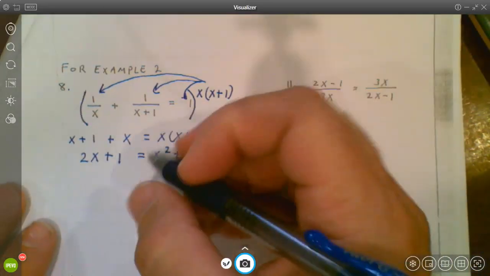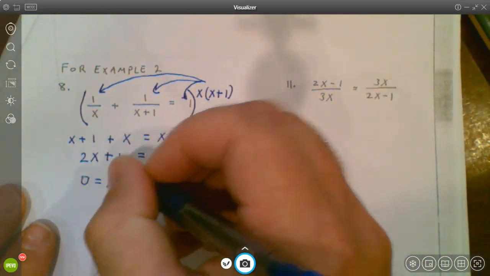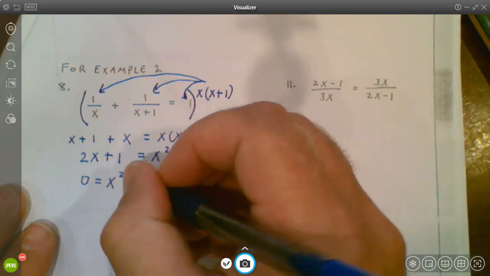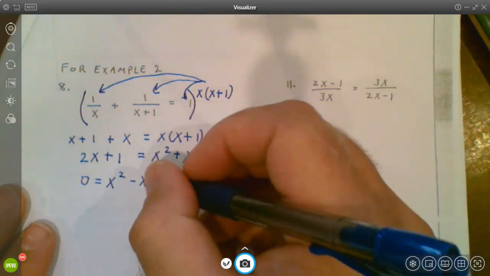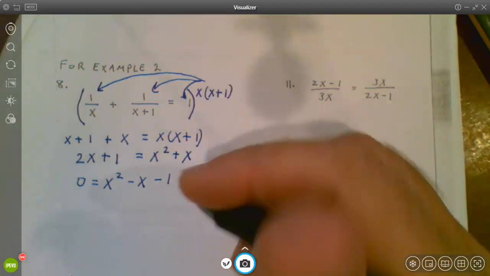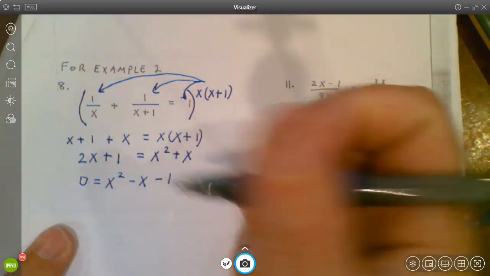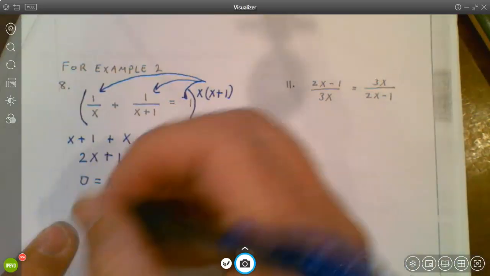Let's get everything onto one side, make it equal 0. So I will subtract the 2x over to get this, and subtract the 1 over to get this. And as I look at those, that would not be factorable. So let's throw that into our quadratic formula.